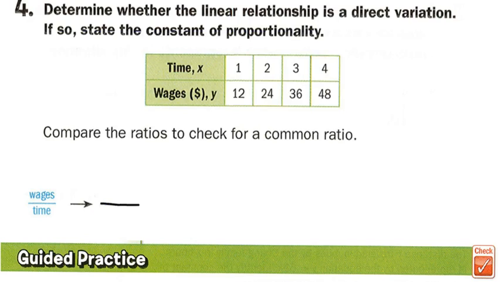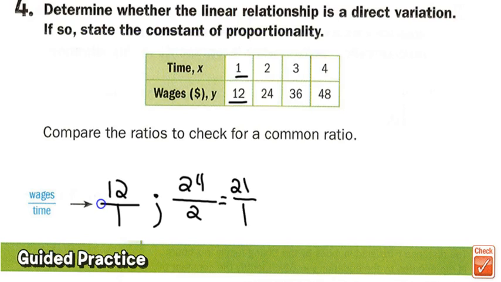Wages, 12, time, 1. That one's reduced, 12 over 1. Let's look at the next one, 24 to 2. What does that reduce to? Both of them can be divided by 2, giving you 12 over 1.